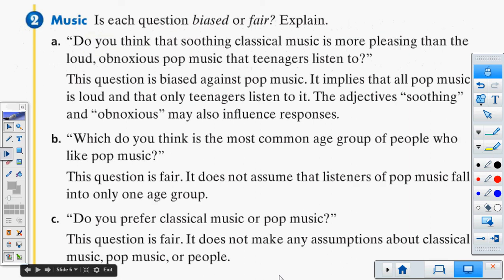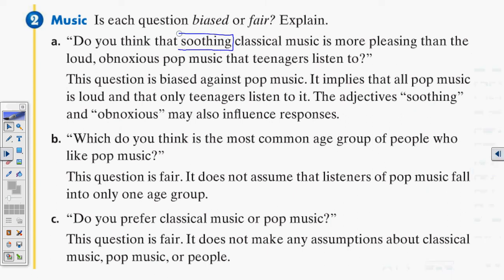Is each question biased or fair? Explain. So, here's A. Do you think that soothing classical music is more pleasing than the loud, obnoxious pop music that teenagers listen to? Now, right off the bat, you can tell that this person likes soothing classical music more than loud, obnoxious pop music.